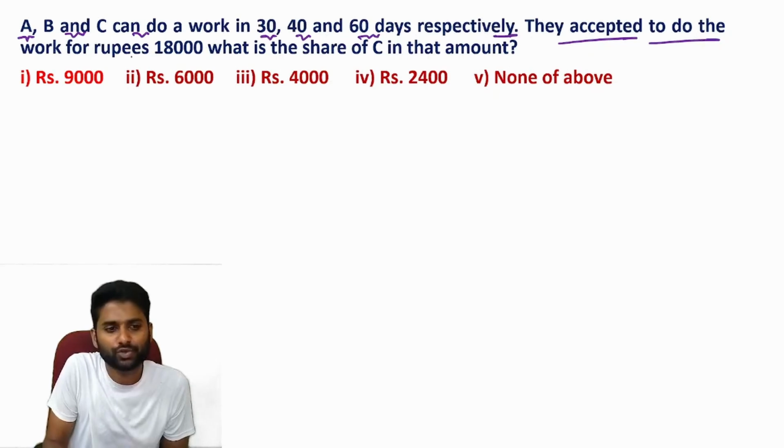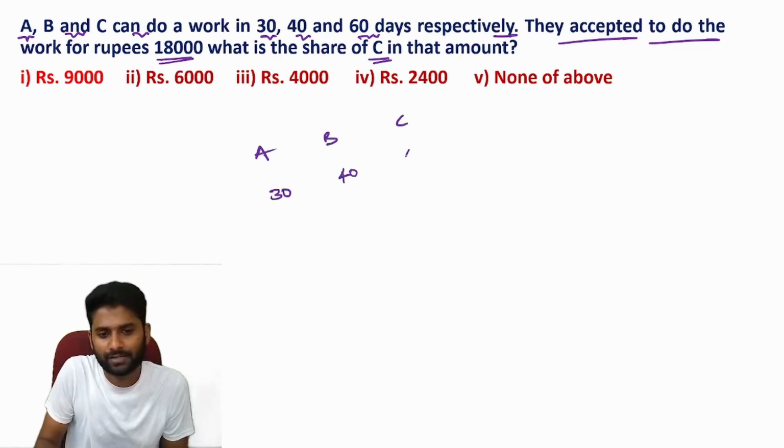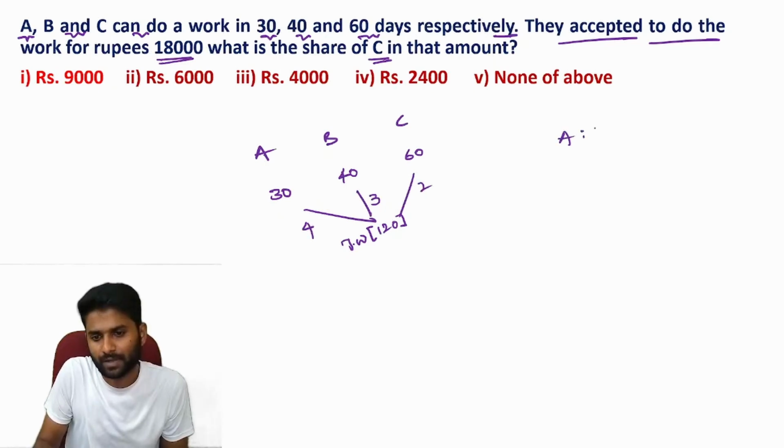They agreed to do the work for 18,000 rupees. What is the share of C? A, B, C: 30, 40, 60, and the total work is 120 units. Efficiency of A is 4 units, B 3 units, C 2 units.